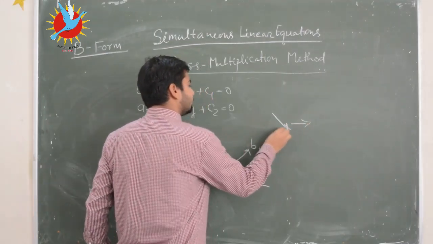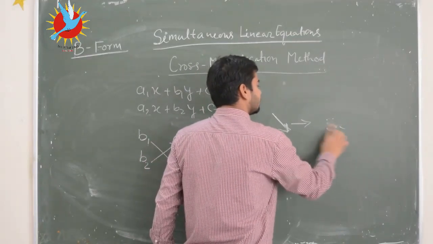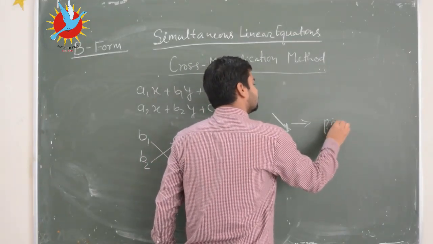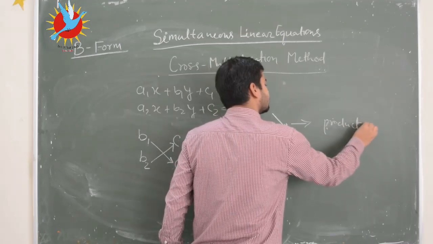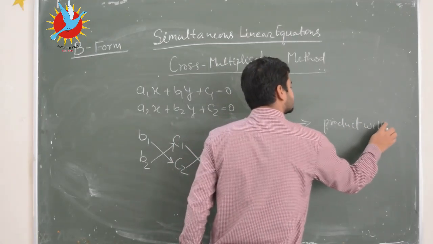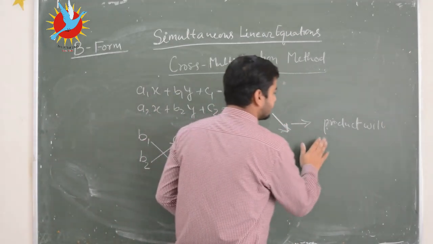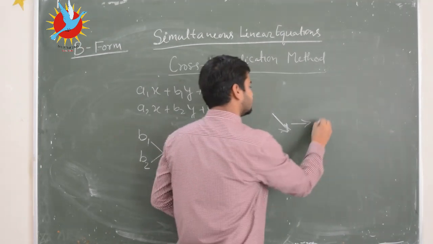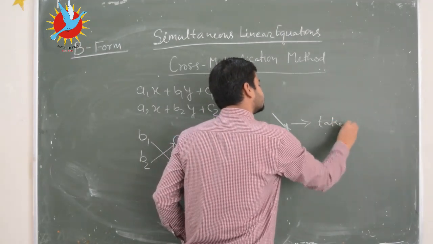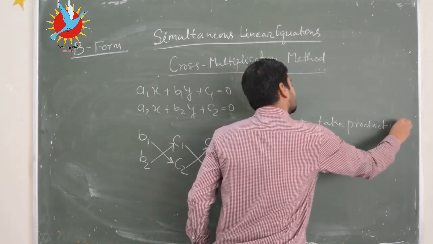The downward arrow shows that we have to take this product as positive, that is, with a plus sign.